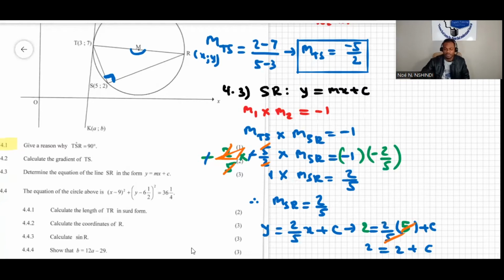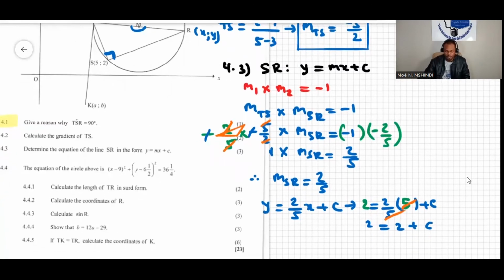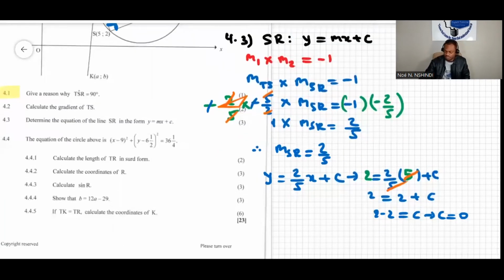If I move the 2 over, 2 minus 2 equals c, and then c is equal to 0. Therefore, the equation of the line will be y equals 2/5 x. So that's the equation of the line SR.